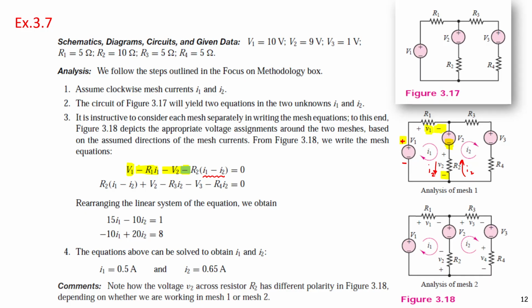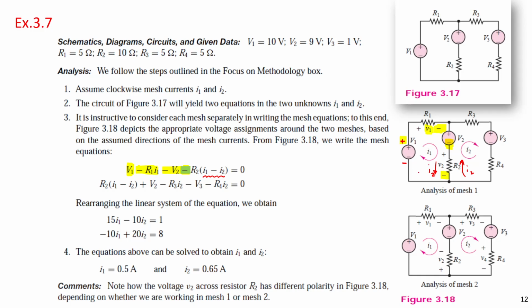This current is I1 minus I2, the net current. But at this moment we don't know what is I1, what is I2; we find out the mesh current later. So we get this equation. This is the first equation.